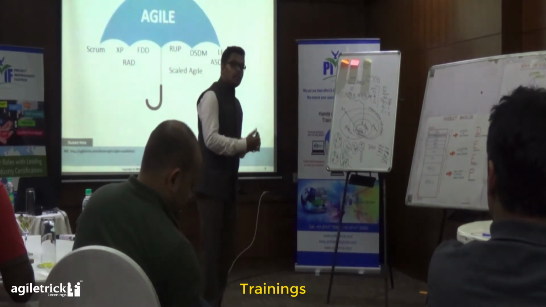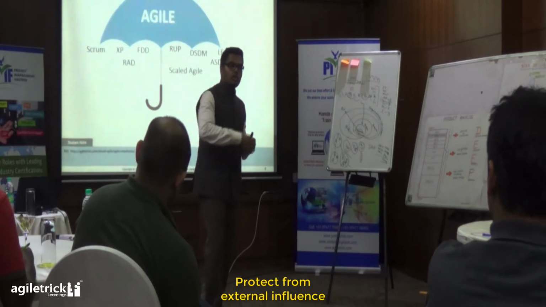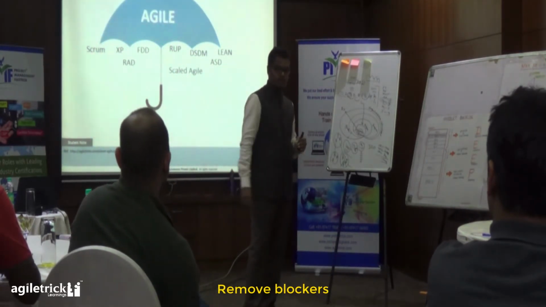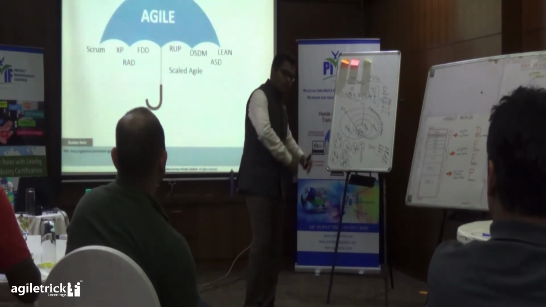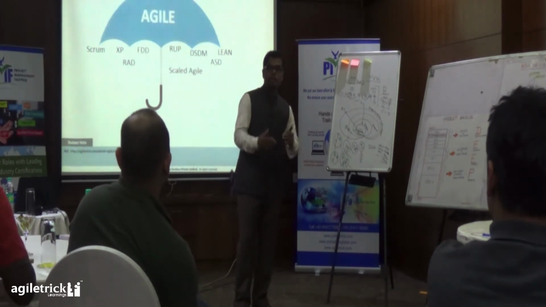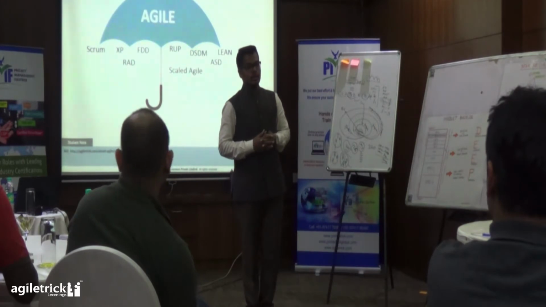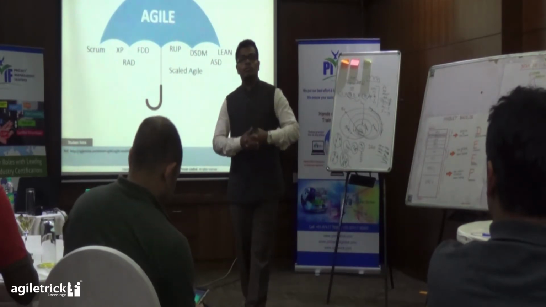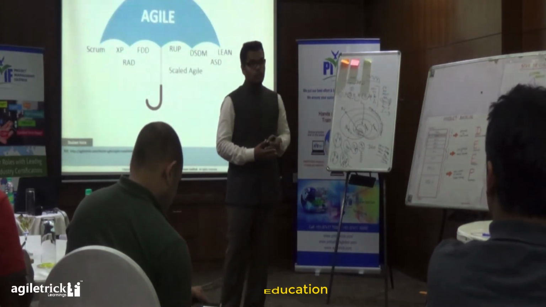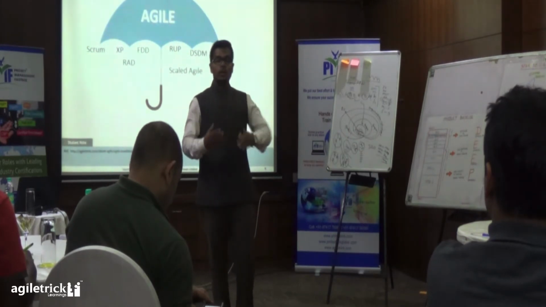If some external influence is coming, some environment is not available, or another change request is coming, or the resource is assigned to different tasks, or not motivated, or the collaboration plan, the organizational improvement plan or the training plan is not there, the Scrum Master should bring that up. You should educate them on the Scrum process or philosophy, like Scrum ceremonies, artifacts, and the process we should follow. And if you are not an expert or well versed, then how can you train them?